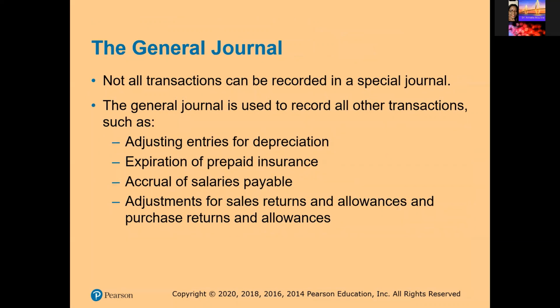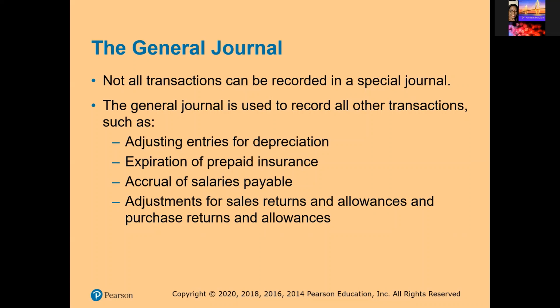Special journals save time. They save time recording repetitive transactions. But some transactions don't fit a special journal. Examples include the adjusting entries for depreciation, the expiration of prepaid insurance, and the accrual of salaries payable at the end of the period.